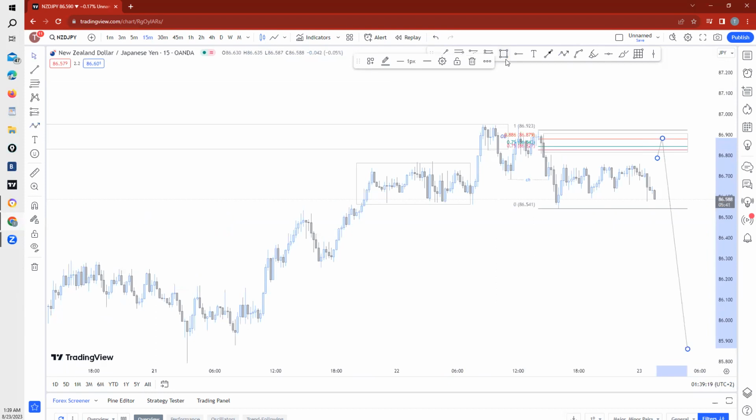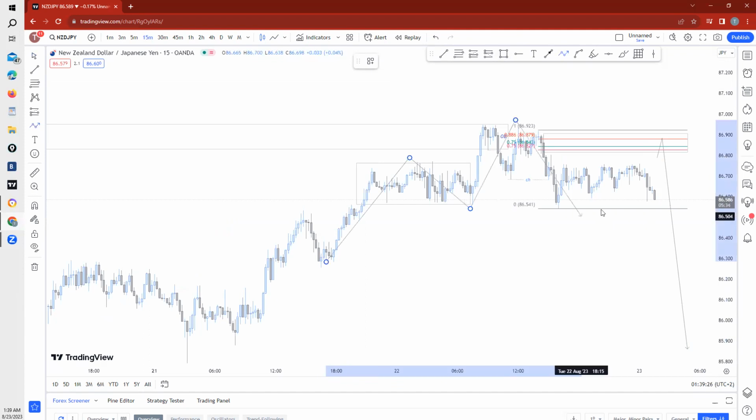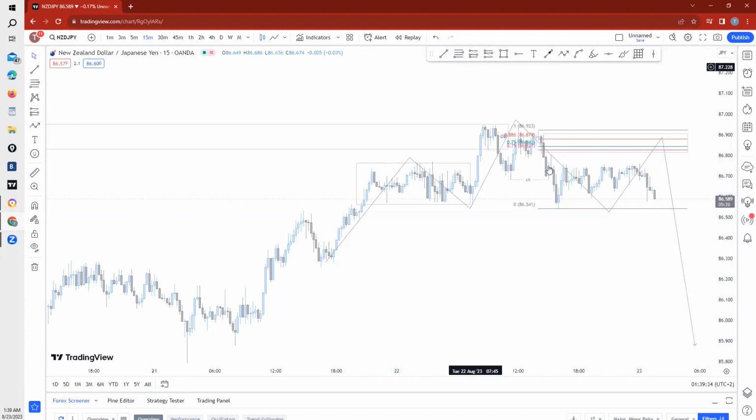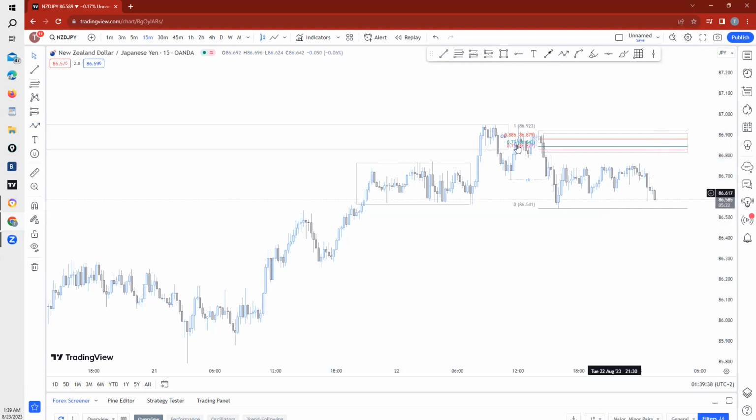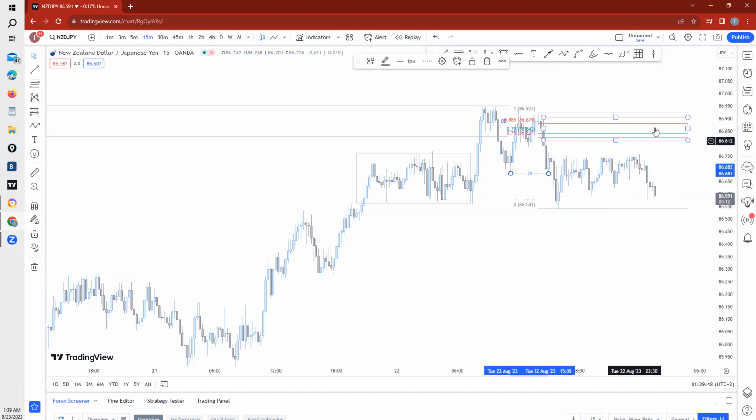Maybe this, something like that. But I can see that this is an entry confirmation. So I was expecting something like this to happen. I was expecting price to come to this level.